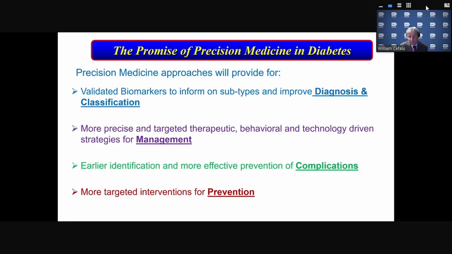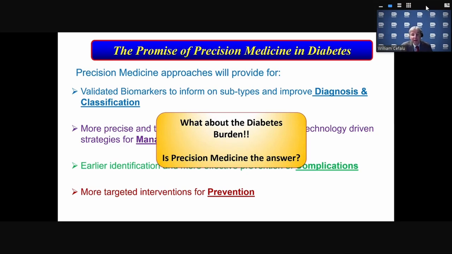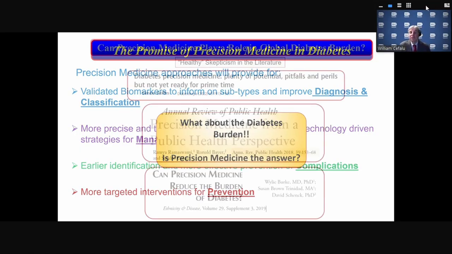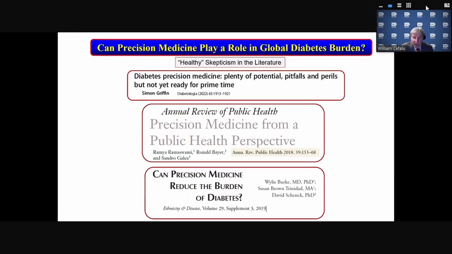Now, this is a noble aim, but the question we have globally is about the diabetes burden increasing in every country. And the question that is asked is, well, will precision medicine address the diabetes burden? And to be fair, there's some healthy skepticism in the literature about precision medicine and how it would address the global burden from a public health perspective.